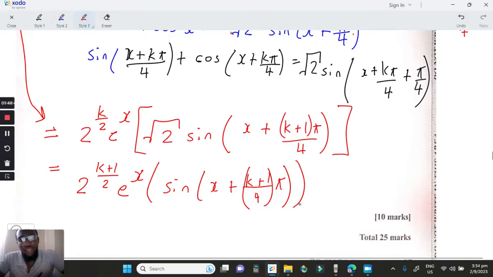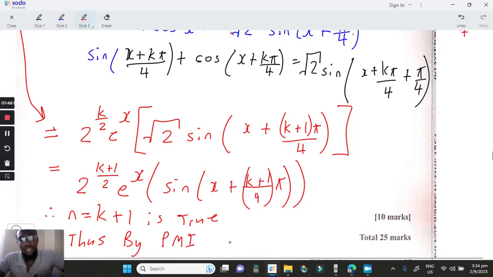So now we're finished. We can conclude therefore n equals k plus 1 is true, and thus, by the principle of mathematical induction, the statement above is true.